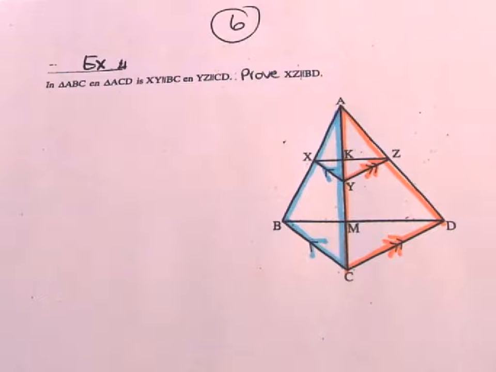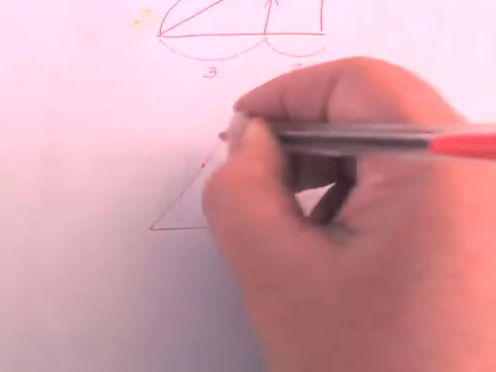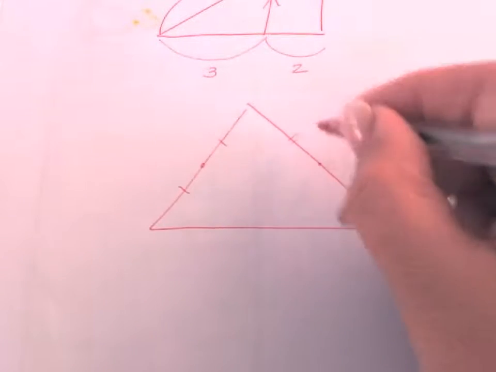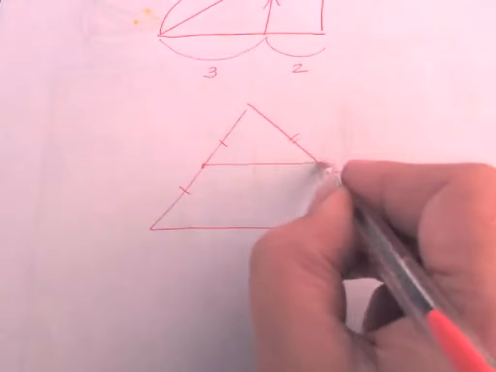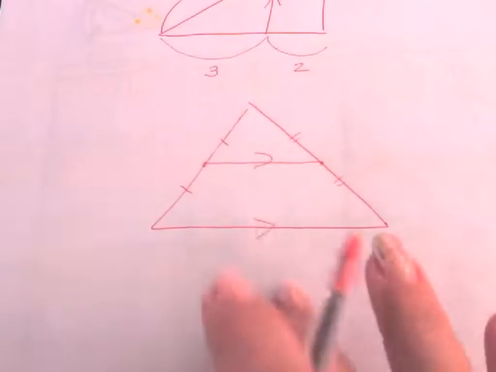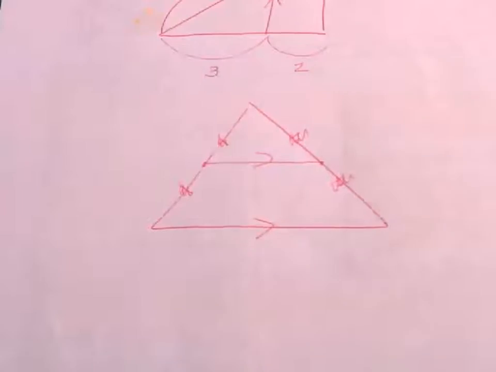Okay, grade 11's midpoint theorem was if you connect the midpoint of that side with the midpoint of this side, then they are parallel. Grade 12 work is I give you parallel lines, but it's not midpoints. Okay.